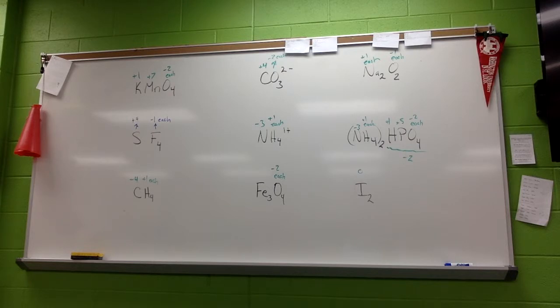Go ahead. Two of the irons are iron 3, and then one of them is iron 2. There you go. Because remember, the 2 possibilities for iron, well, 0, if it's elemental, it's not. Okay, so the other 2 choices are iron 2 or iron 3. Somehow or other, we have to get to 8. So 2 of them are going to be iron 3, one of them is going to be iron 2.